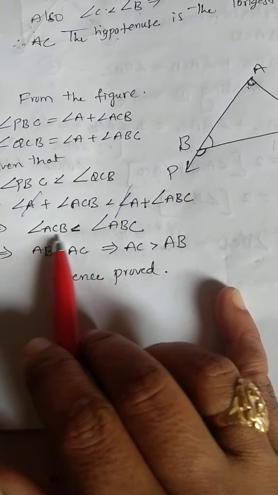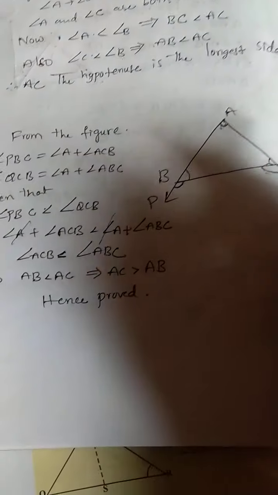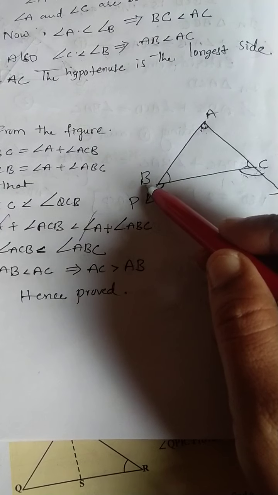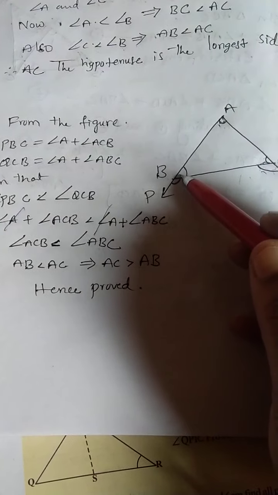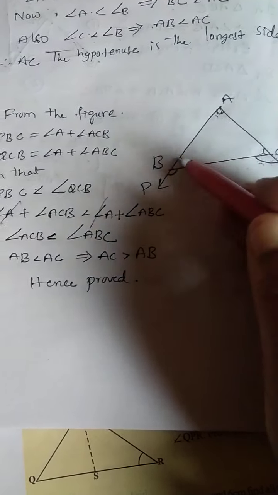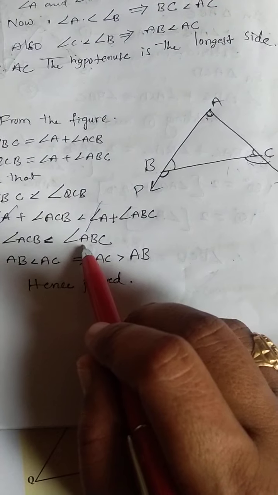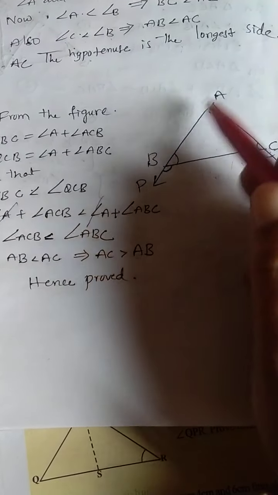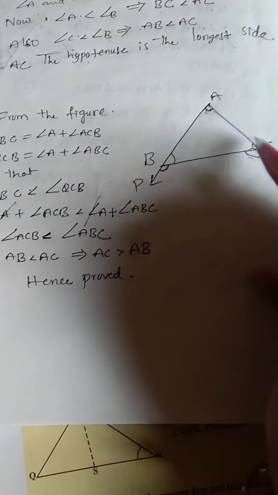Angle ACB, its opposite side is AB. Angle ABC, its opposite side is AC.